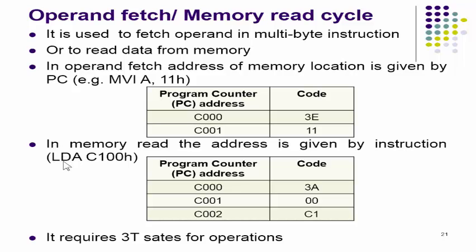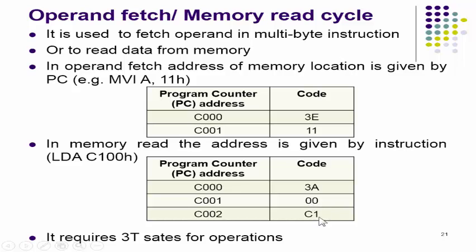Here the data is available in memory, not in the operand field. The data which is available in memory, its address is given by the instruction. So LDA is a data reading or memory reading operation.